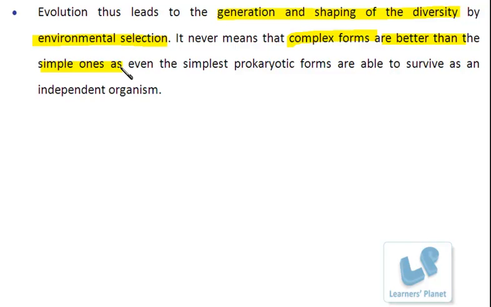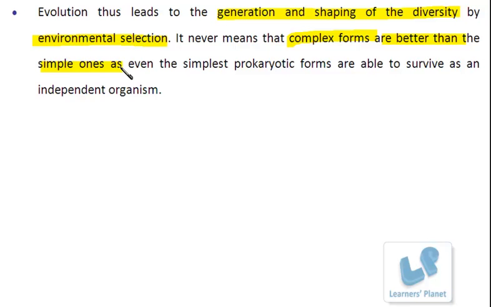It is never so. Evolution is simply leading to the generation of diversity, the introduction of new characteristics, or the removal of various other characteristic features. But it is of course not so that the characters which existed in the past era are better than the existing ones or the new ones.